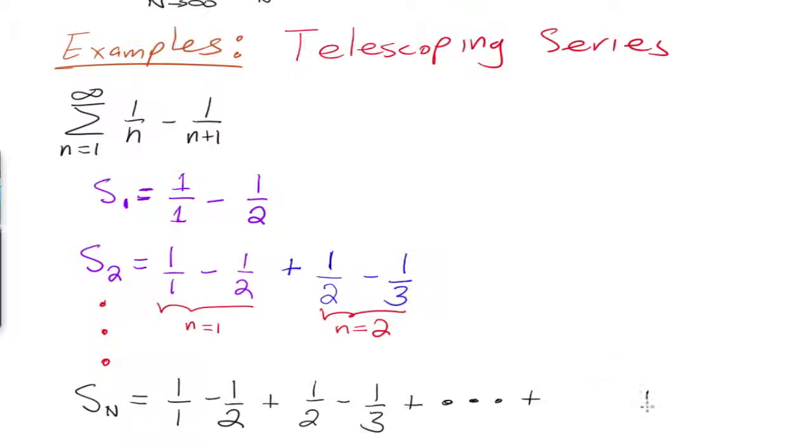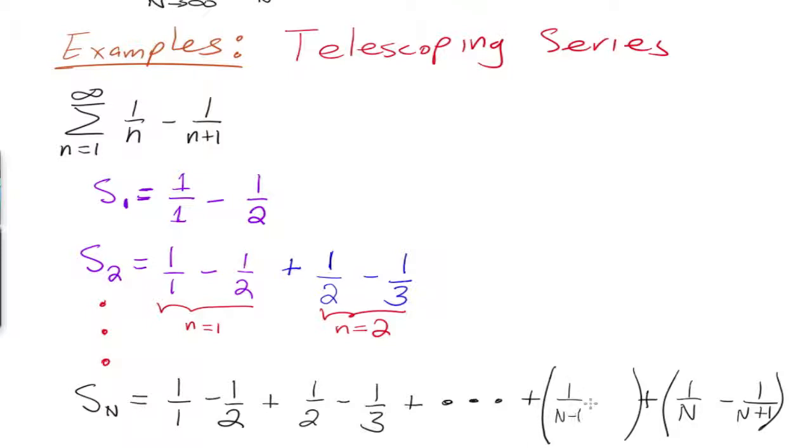And then let me write down what the very last term looks like. The last is 1 over capital N, because I'm plugging in capital N, minus 1 over N plus 1. So that's the very last one. The one before that, what did that look like?